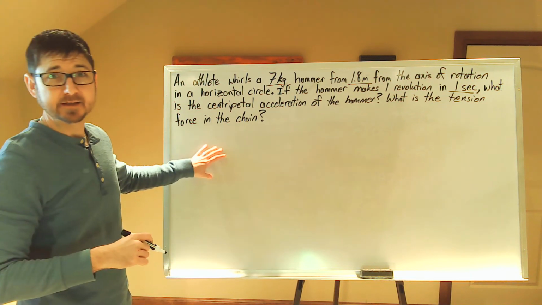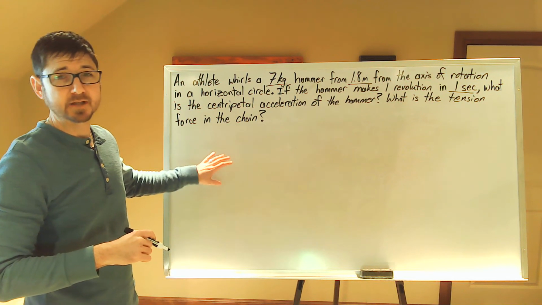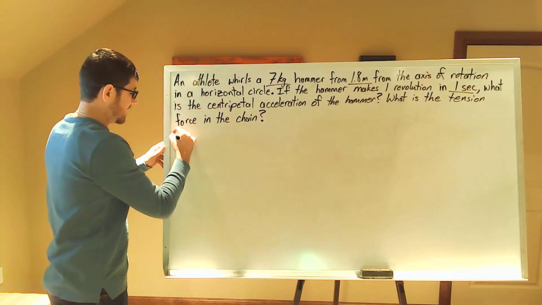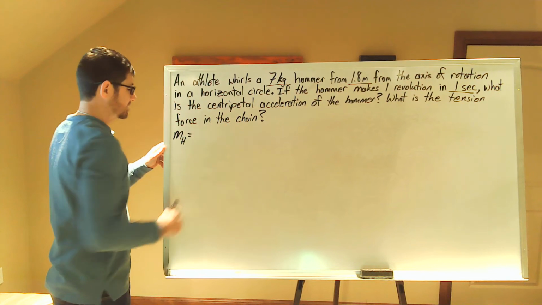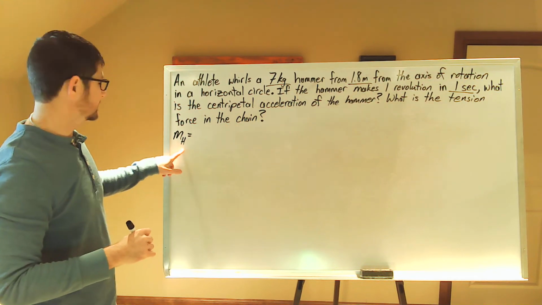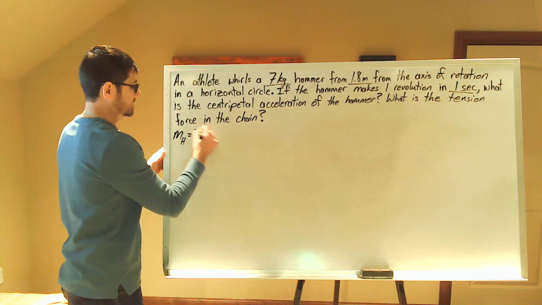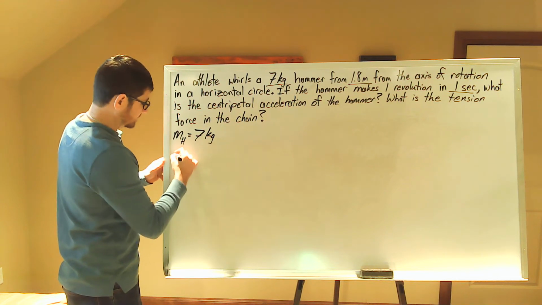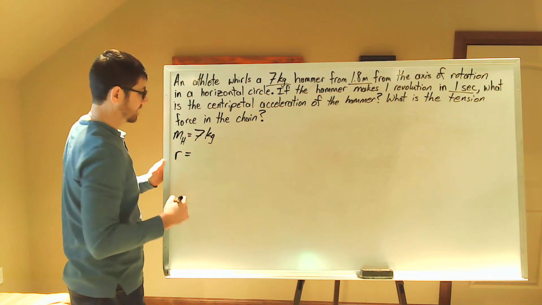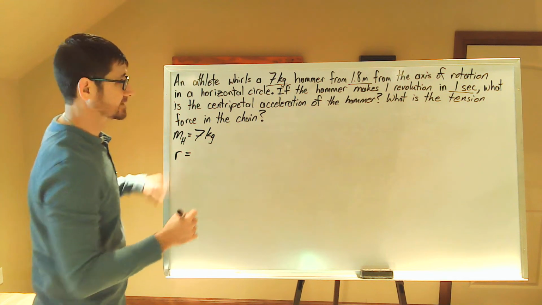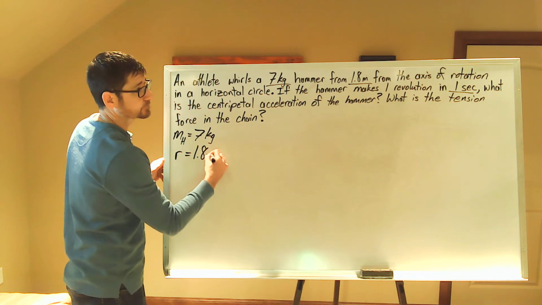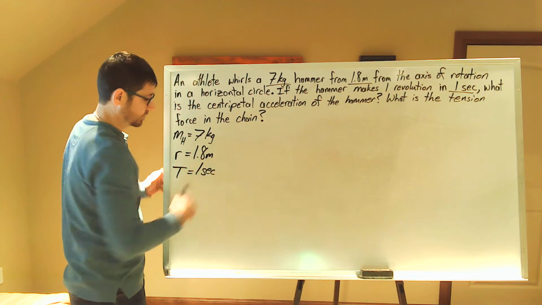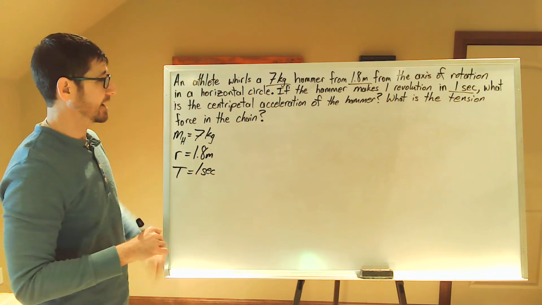So let's go ahead and create a column of knowns and unknowns and then draw a picture to help us solve the problem. The mass of the hammer, so I will use a subscript of h, so m sub h is 7 kilograms. The radius that the hammer is being spun is 1.8 meters, and the time period is 1 second, so it makes a complete revolution every second.